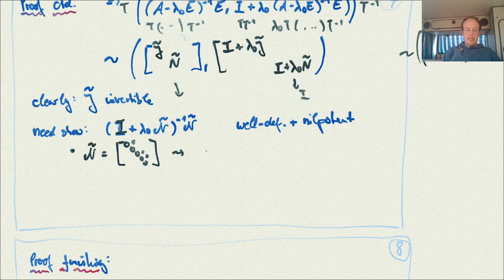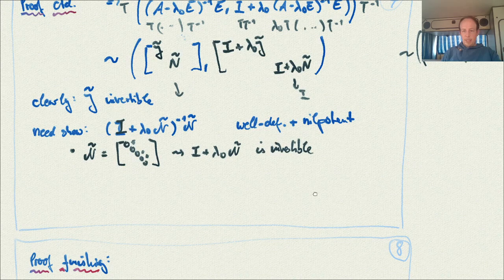But this means that identity plus lambda 0 N tilde is invertible. Can you agree? Because in an identity we have ones on the main diagonal, and we only have things above the diagonal, and this means that this is invertible.